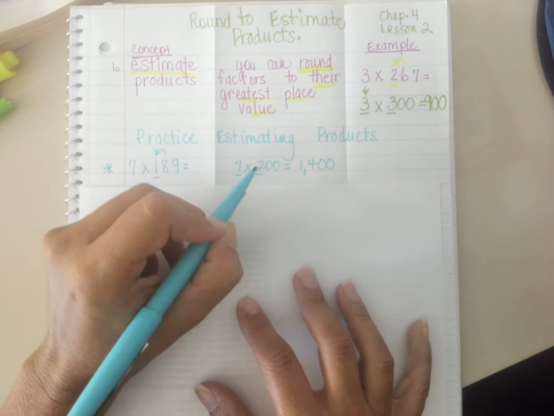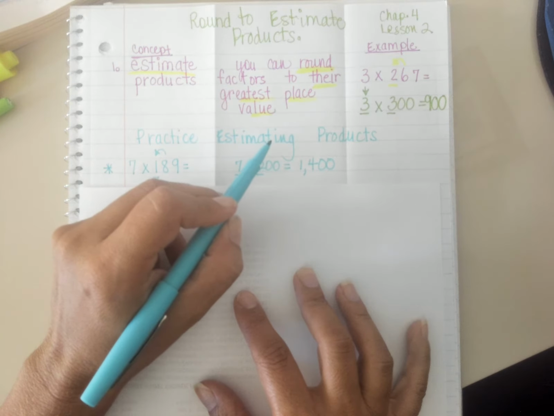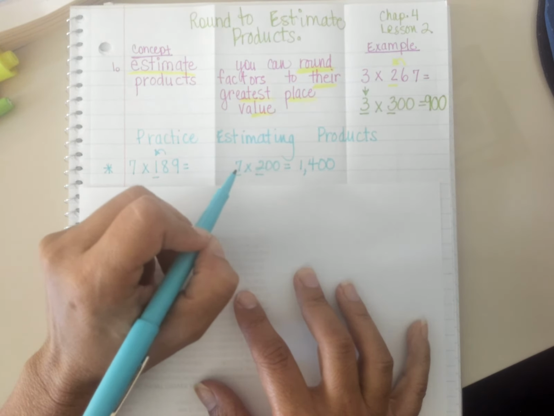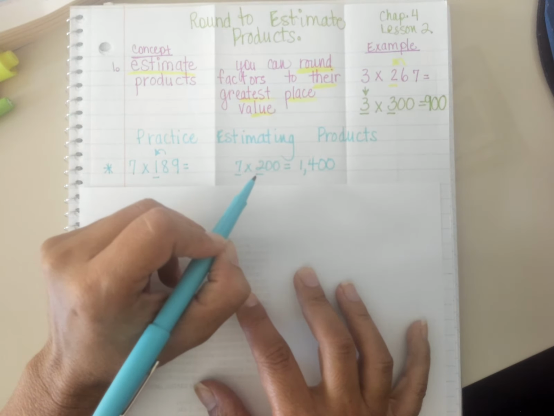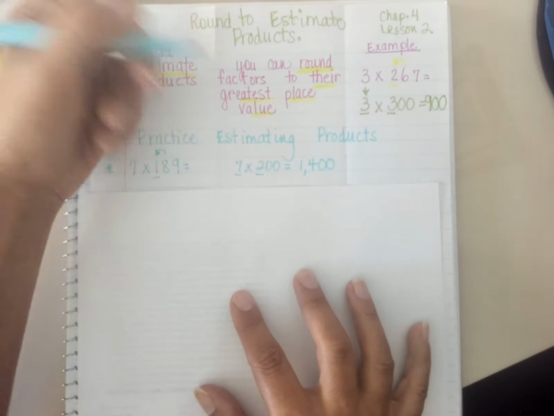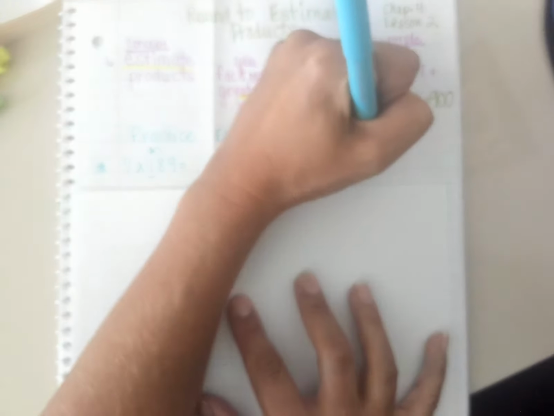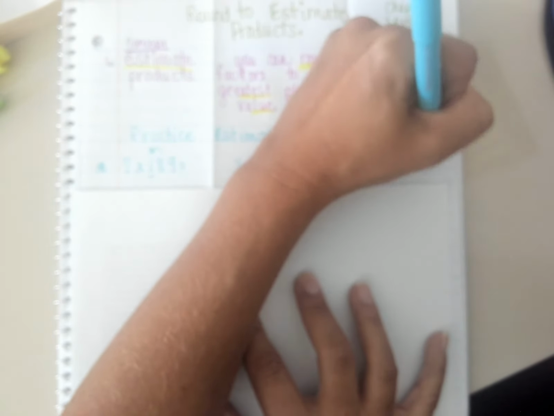Now we're going to talk about one other thing to think about. Is this estimate greater than the actual product or less than the actual product? Since this rounded up, then our estimate is greater than the actual product.